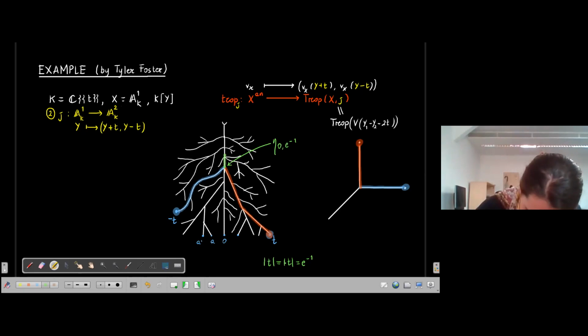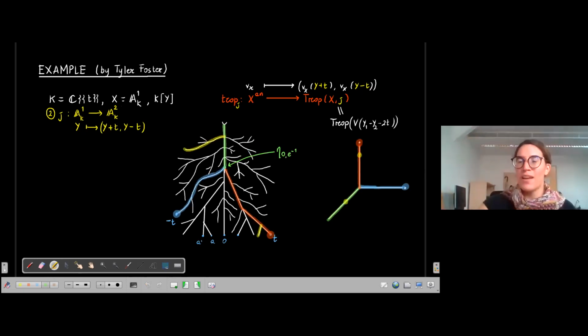So the path from eta 0, e to the minus 1, towards infinity will be sent to this ray of our tropicalization. And again, now if you take some red, yellow path, so paths that are not the ones that I just described, you will see that these are not sent one-to-one. So they're just sent to one point. So they all collapse to one point.